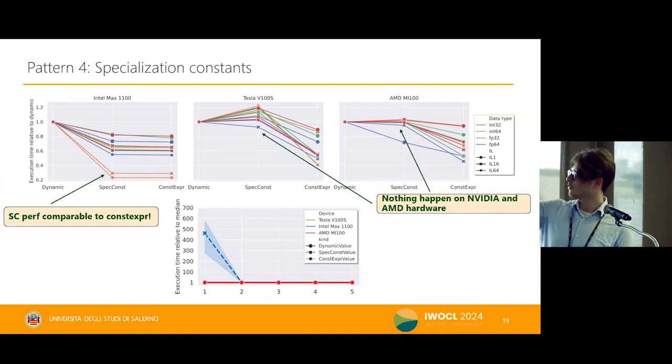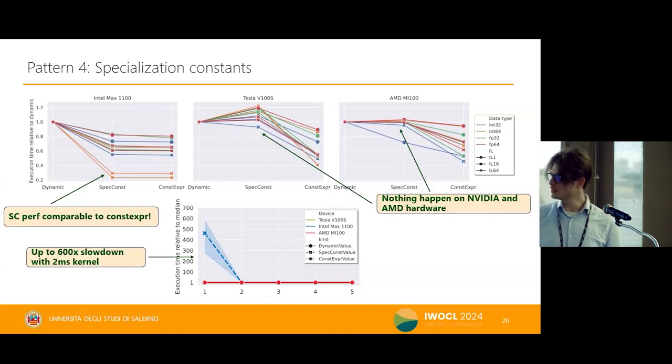We can also see this with the last plot. This is the execution time relative to the median, and the x axis, there's a typo, sorry, is the number of the run: the first run, the second, third, fourth, and the fifth one. We can see that on both NVIDIA and AMD, the execution time is the same every time.